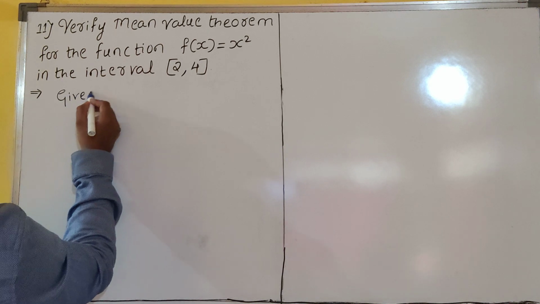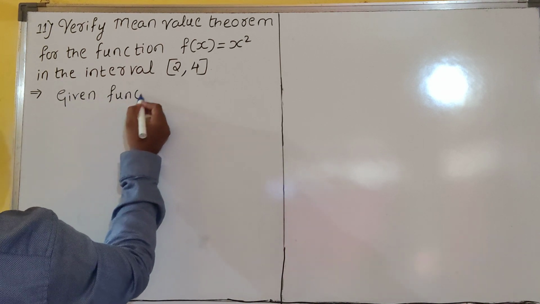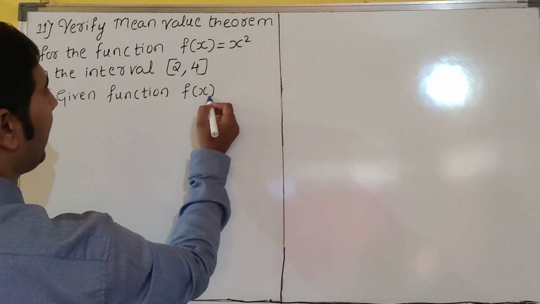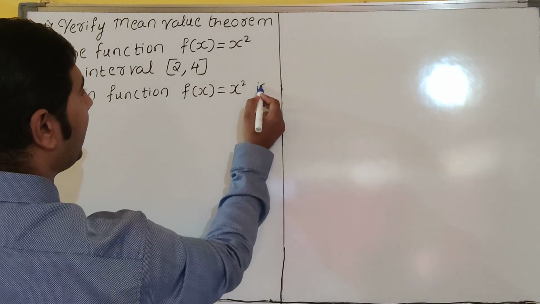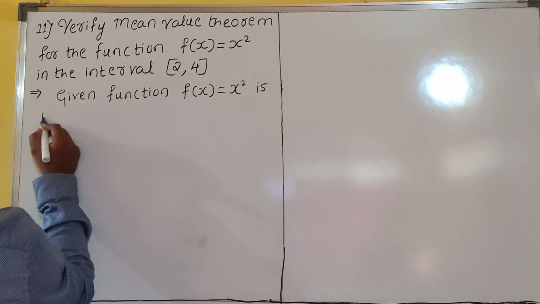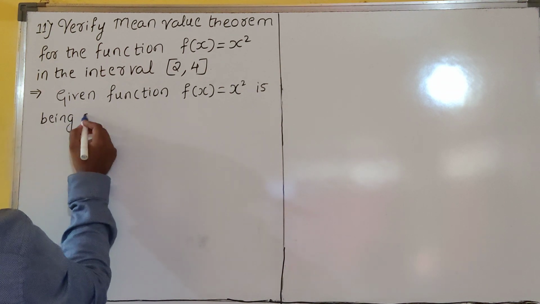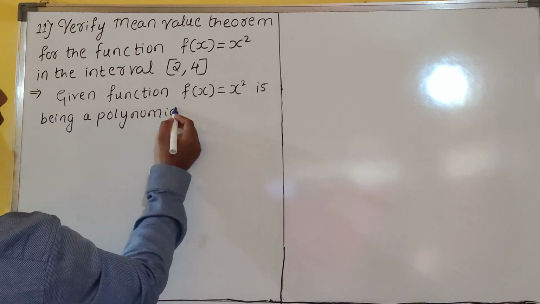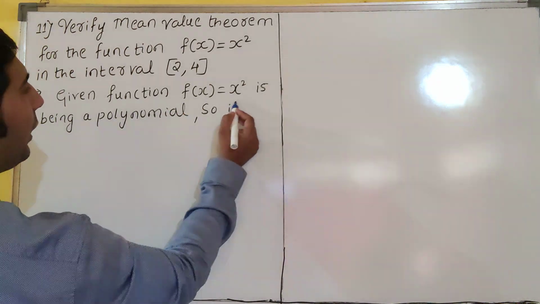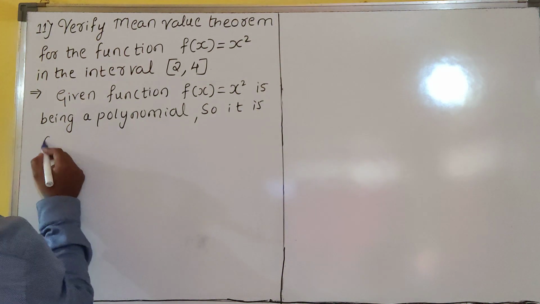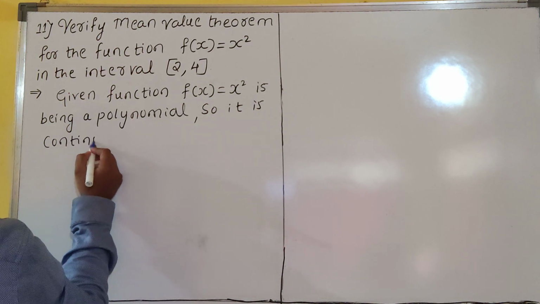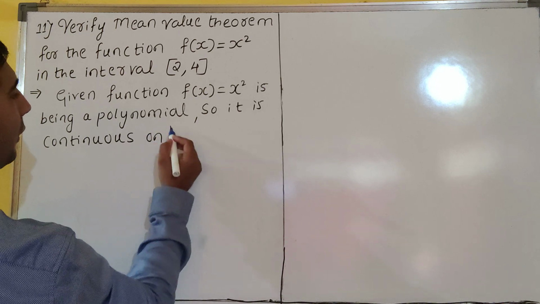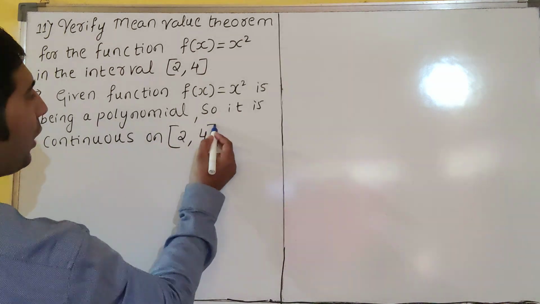So now we can write this one. Given function f of x is equal to x square, being a polynomial, so it is continuous on closed interval 2, 4.